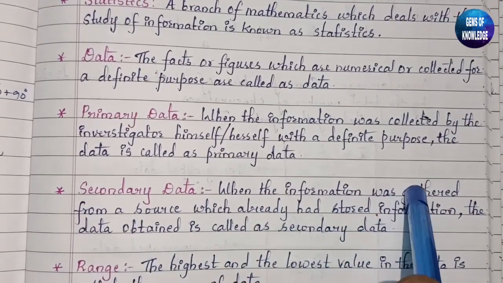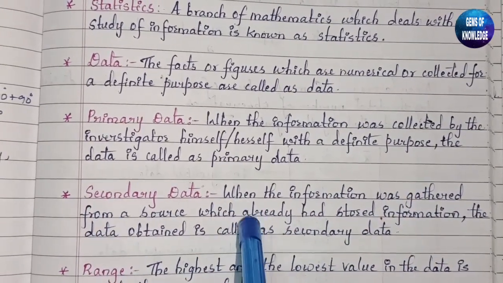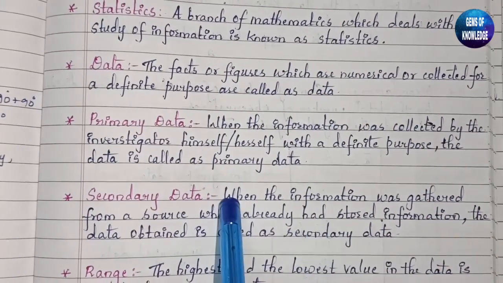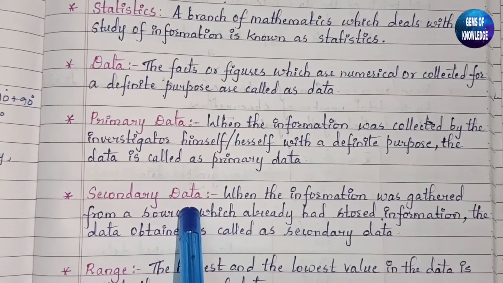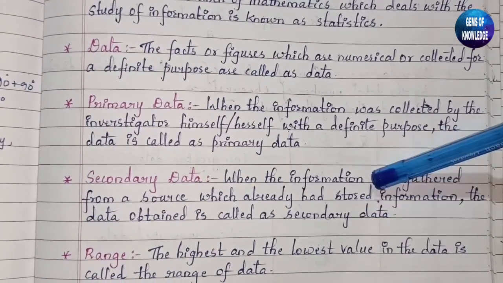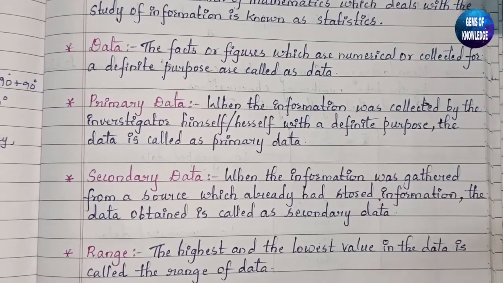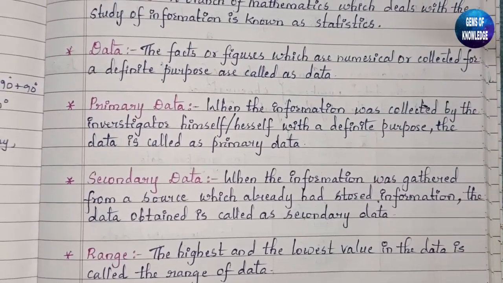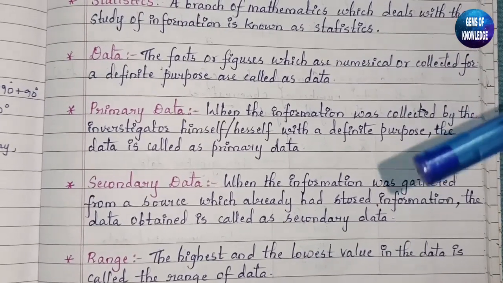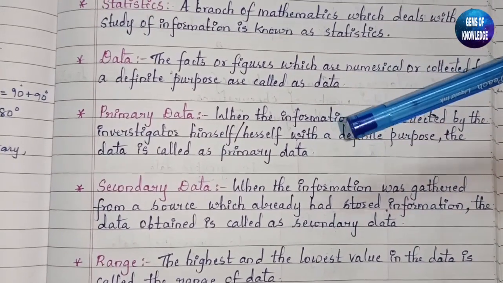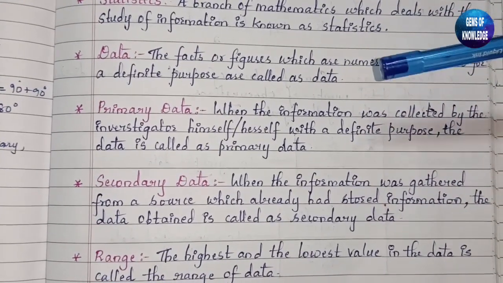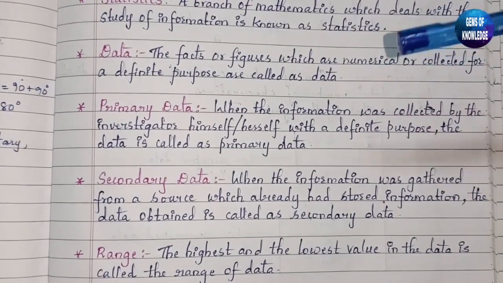That is the information gathered from a source which already has stored information. One more example I can give you: if somebody asks you what the rainfall was last year, or 2 years ago, in your country, what you do is you just google it, or you study it from books or newspapers.